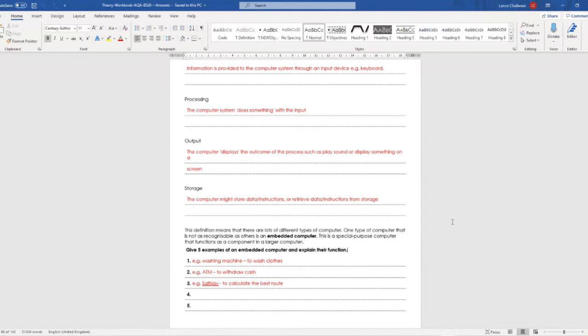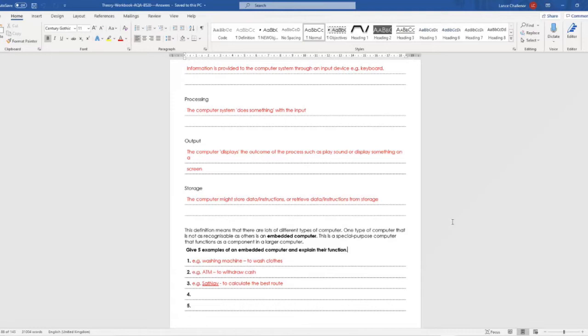You could have a manual dial, but modern machines have electronic dials, which are built-in computers, embedded computers, and it helps create more function for the washing machine itself. So an embedded system enhances the function of an already existing device.